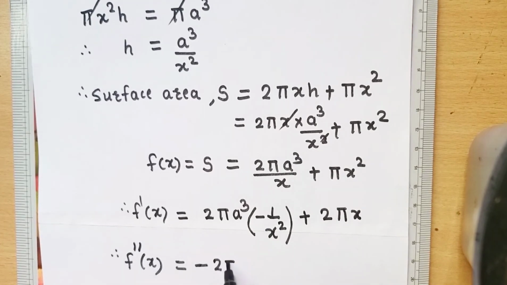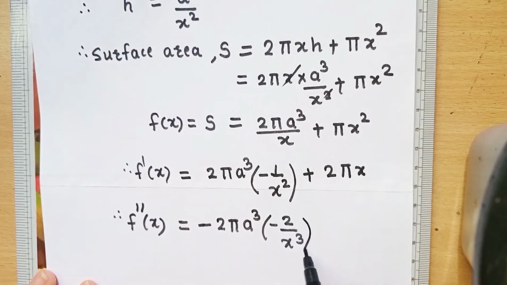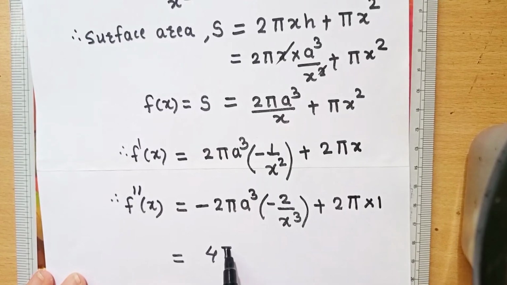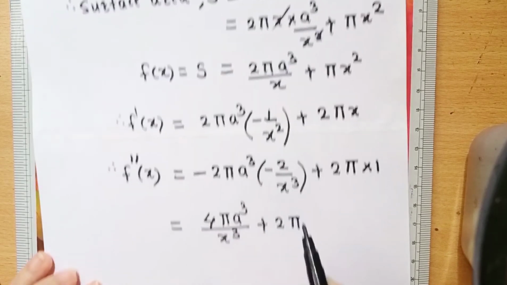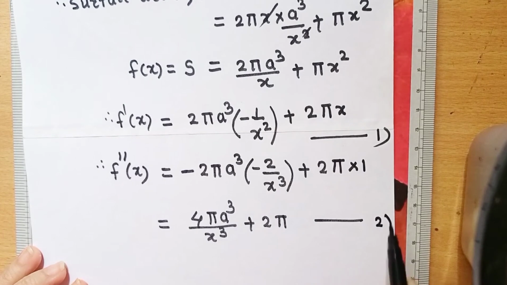So minus 2 pi a cube and derivative of 1 upon x square is minus 2 upon x cube, and plus 2 pi is constant and derivative of x is 1, and so that is equal to, minus minus plus, 4 pi a cube upon x cube plus 2 pi. Say this is the first one and this is the second.